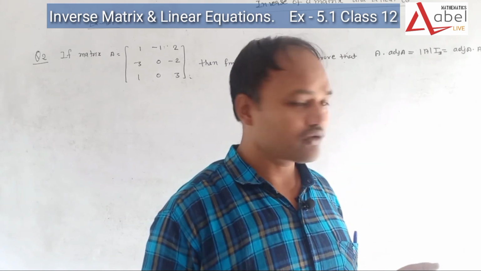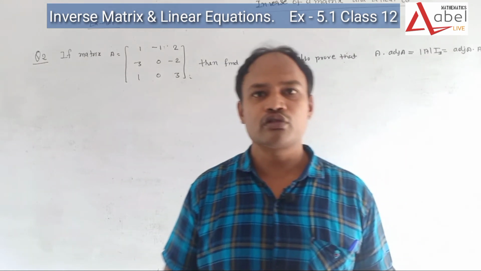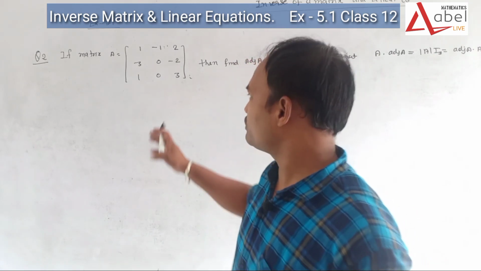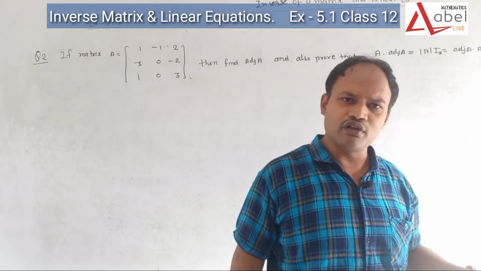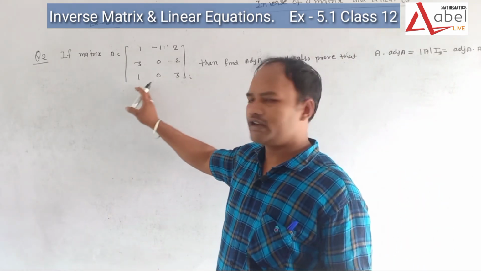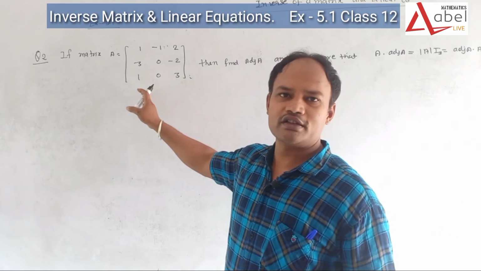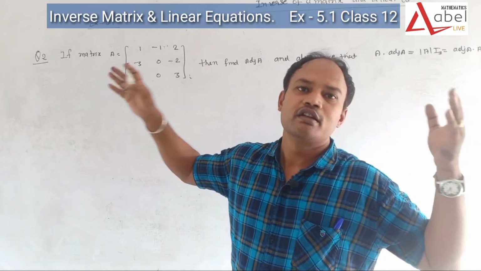When it is I2, it means we have to take the 2 by 2 identity matrix. If I3 or I is not written, we can already understand: if the matrix is 3 by 3 we use I3, and if it is 2 by 2 we take I2.